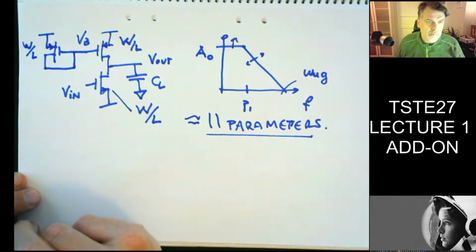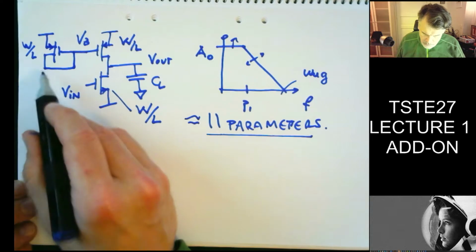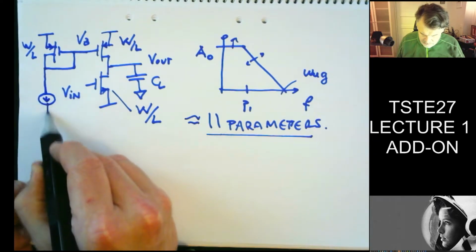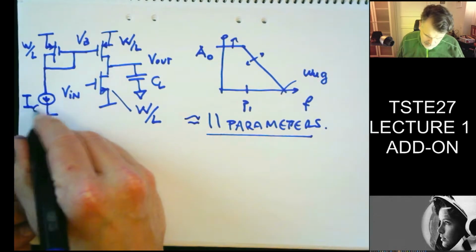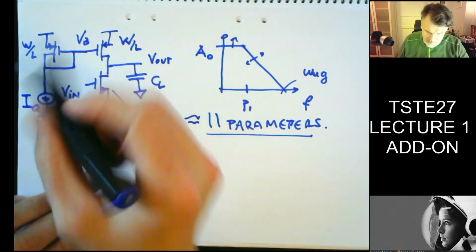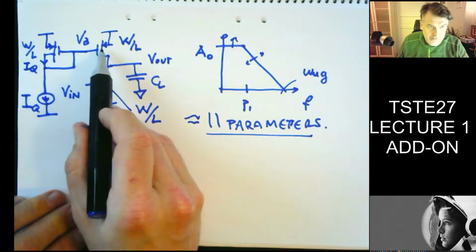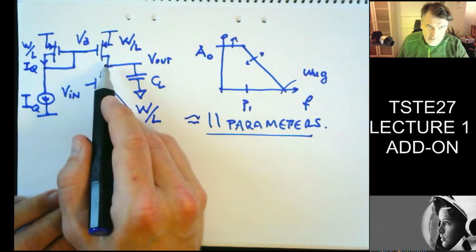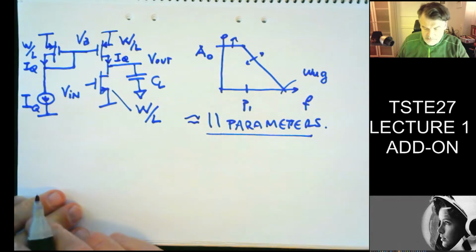I connect gate with drain, and then I connect that to a current source like this, let's call it IQ. And then by controlling this current, I will get IQ here. In the current mirror, since these are of equal size and have the same gate voltage, that will force this current to be approximately at least equally large.